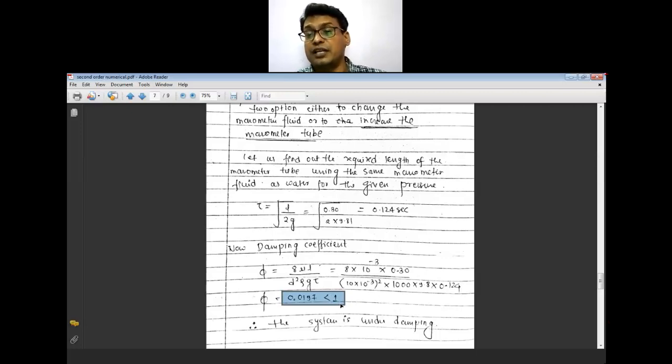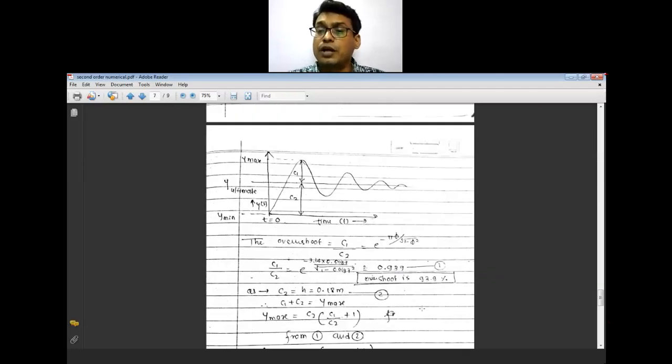Whatever system is given, it is an underdamped system. Substituting the value of mu and the value of L, where L is the liquid length, D square rho G into tau. Now, what is the response for the underdamped system? Graphically, you know it behaves like this: a sinusoidal wave with a certain decay ratio.